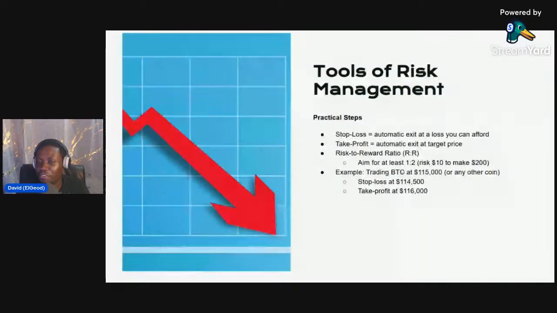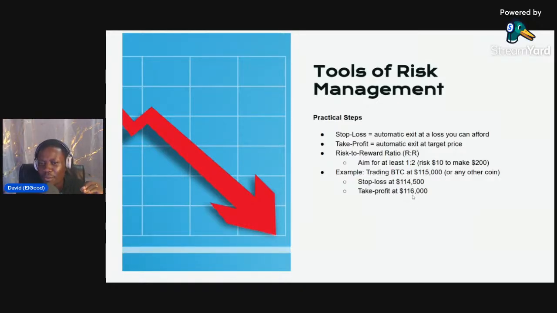Actually, the current market price of Bitcoin sits at about $106,870, right? And at the moment, today is the 18th day, I guess, of the month of October, right? Now, look at this example. Bitcoin is trading at 115,000, and you've set your stop loss at 114,500.